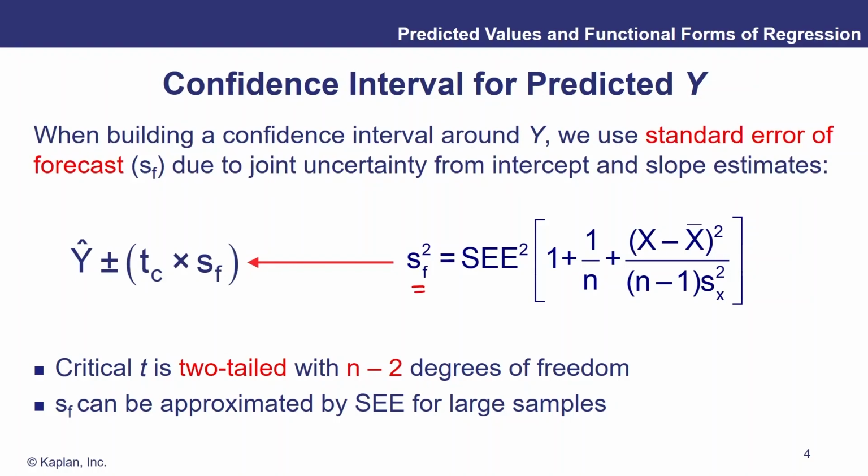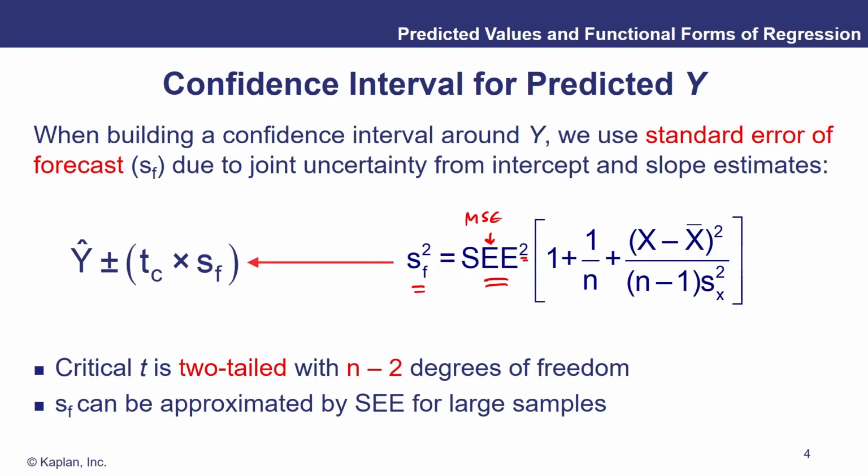It is a function of the standard error of the estimate squared. And what is the standard error of the estimate squared? Mean square error. Notice it's multiplied by 1 plus 1 over n, the number of paired observations, plus the variation in the independent variable, in other words, x minus x bar squared, over n minus 1 times the variance of the independent variable.